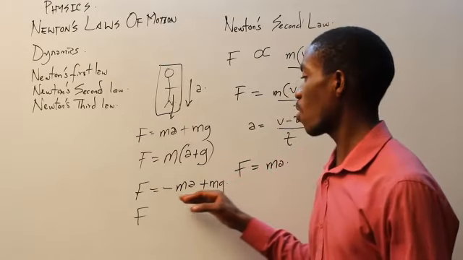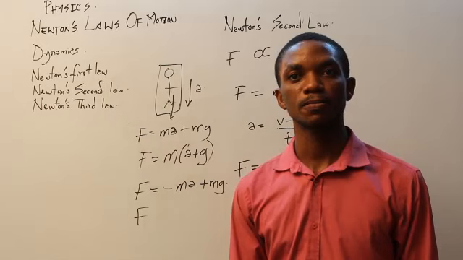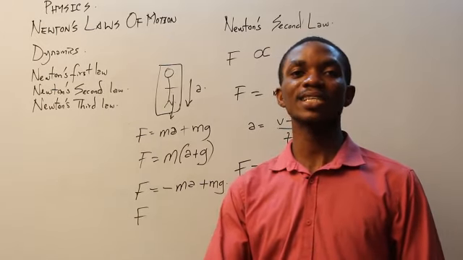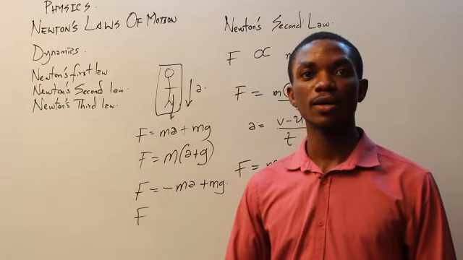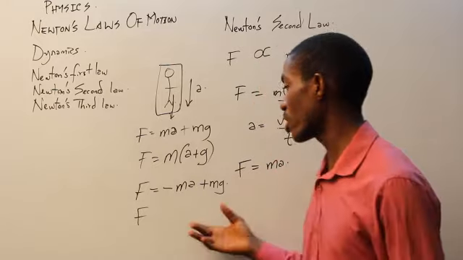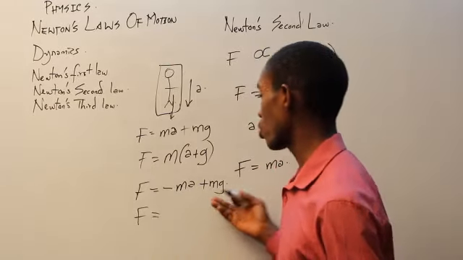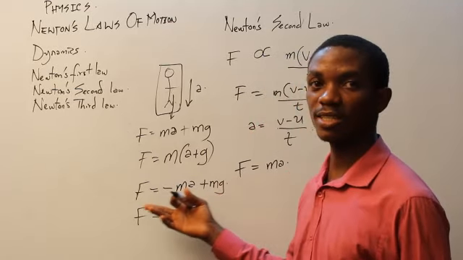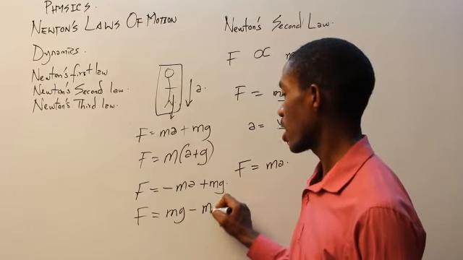So for us not to fly down at the acceleration of gravity, we need to have a certain amount of tension on the tension wires of the elevator, is what we are trying to calculate now. So of course, we would like to have our positive value in front and our negative value behind. So we have mg minus ma.